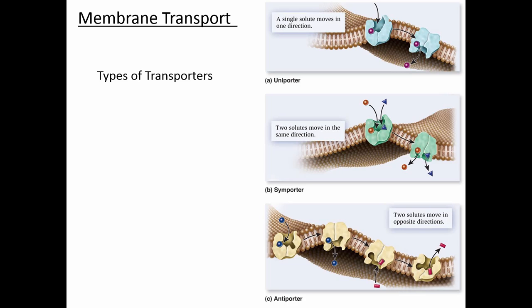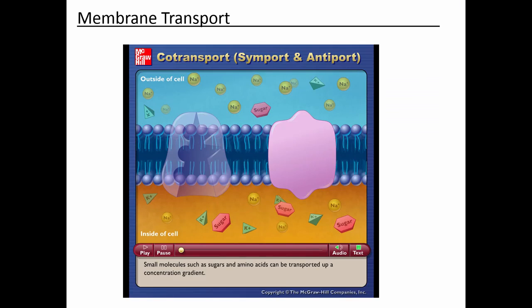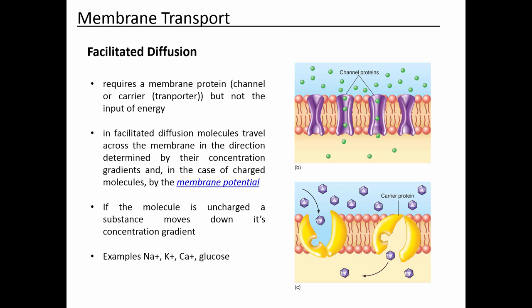Okay. The next form of transport that we're going to talk about: the only one we've talked about so far is simple diffusion, and the second one is called facilitated diffusion. The only difference between facilitated diffusion and simple diffusion is that facilitated diffusion requires a membrane protein. When you say facilitated, diffusion has to be facilitated by something.